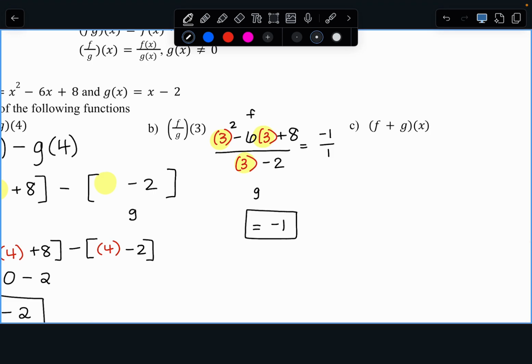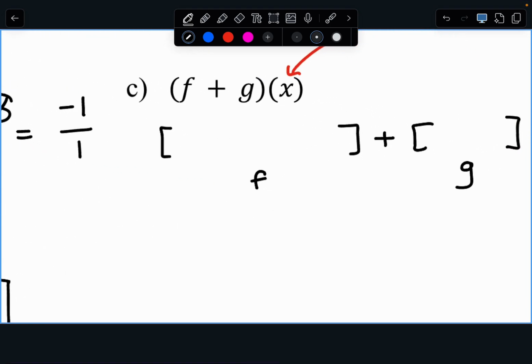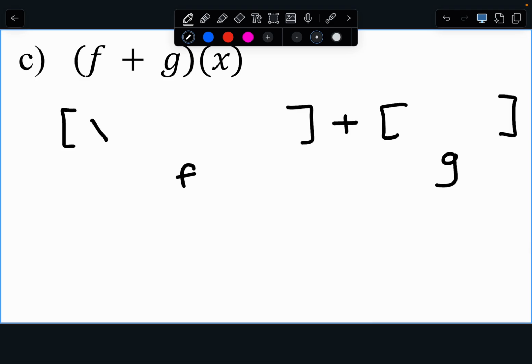What do you think we're going to do for f plus g? This part means keep x. The only difference, now we're adding the function f plus the function g. F was x squared minus 6x plus 8. G was x minus 2.